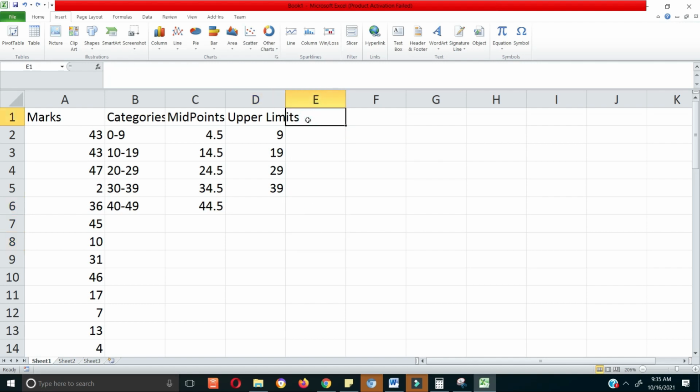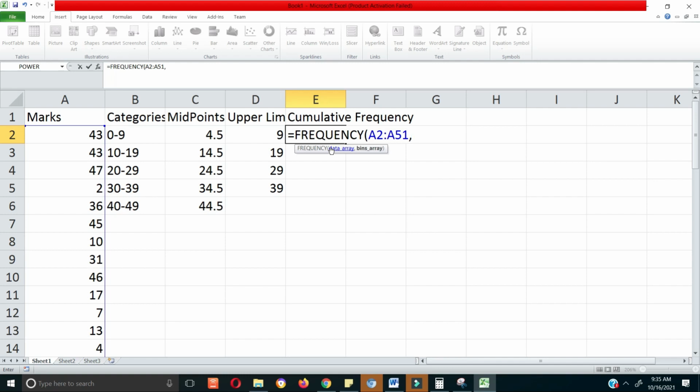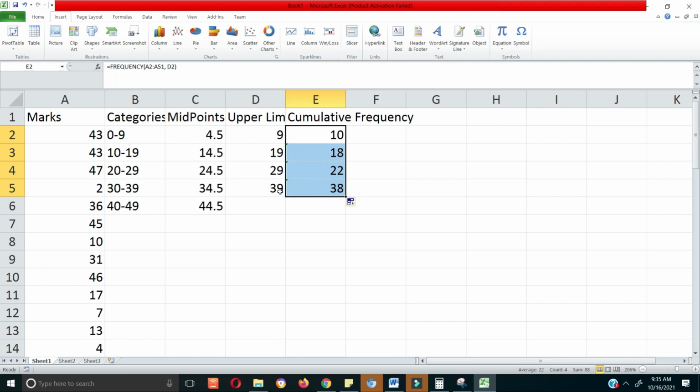So let's go back. We get the cumulative frequency. We get the frequency A2 to A51. That upper limit gives us that. We need 49 here, so that gives us that.